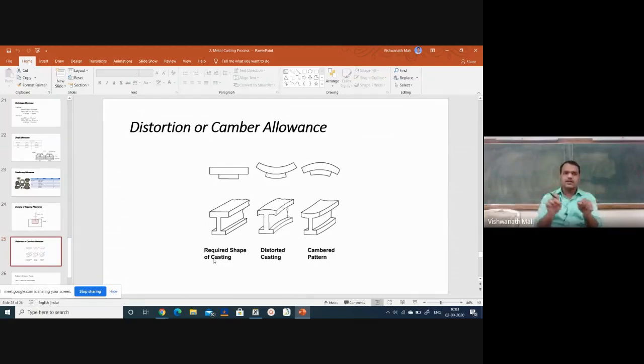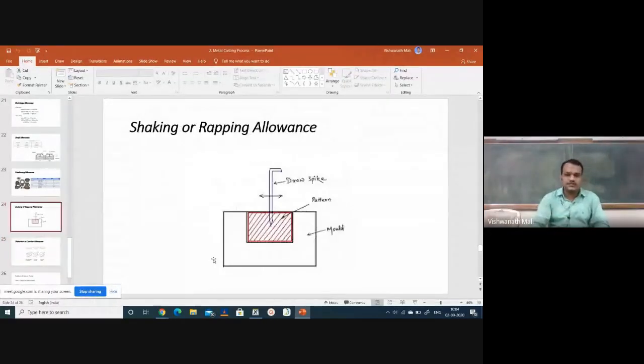If you consider only a hole, then all the others become negative and this becomes positive. For a base part which does not have any external or internal surface or hole, all these allowances are positive, and the shaking or warping allowance is negative. That is the case.